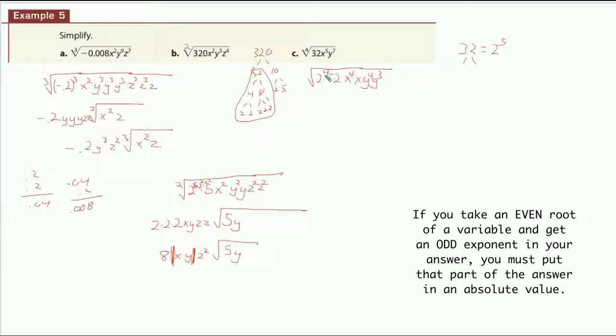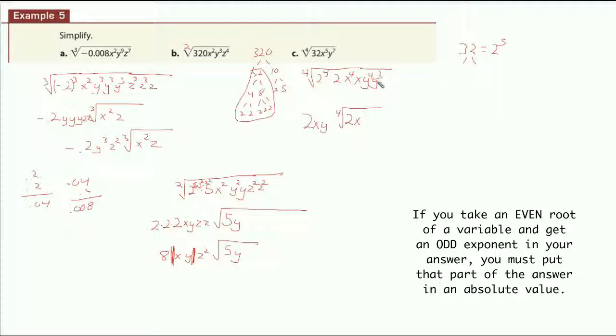Simplifying this, we have 2. I should leave the 4 out here. And we have a 4th root. 2 can't be simplified. x, y, and this x here needs to stay in because you can't take the 4th root of x.